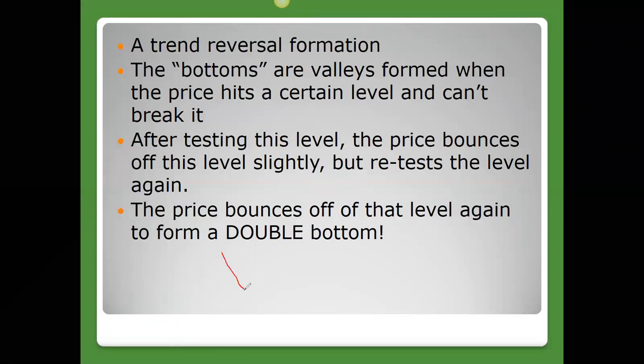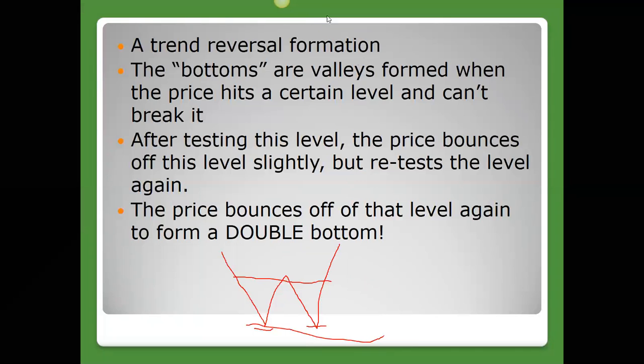Price is moving down, hits a support level and bounces off of that level, comes back to retest this level, and then bounces off of that level again. So we get what looks like a W, or a double bottom. So this is the bottom, and this is the bottom, and this is our neckline here.